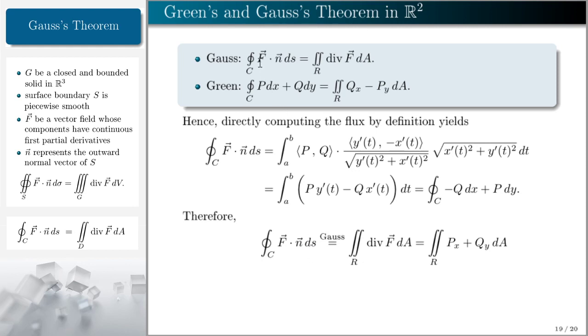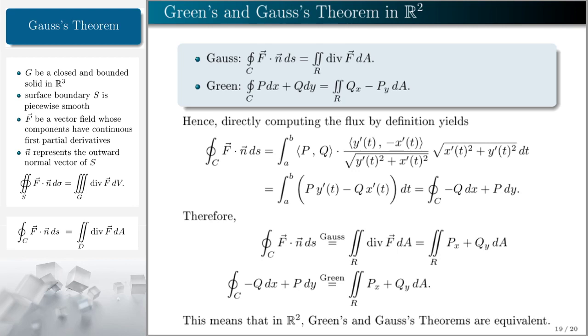While for Green's, I cannot apply Green's theorem directly for something of this form, but since I know that this is equal to this, then that will be equal to, by Green's theorem, the one in dy will just be the partial with respect to x of P, minus the one in dx, which is a partial with respect to y of negative Q. So in this case, for the one with dy, I will get its partial with respect to x, so I'll have a P_x. And for the one with dx, I'll get the negative partial with respect to y, which will now become a plus Q_y, which is exactly the one that we have here.